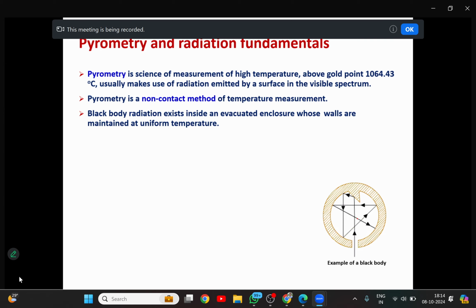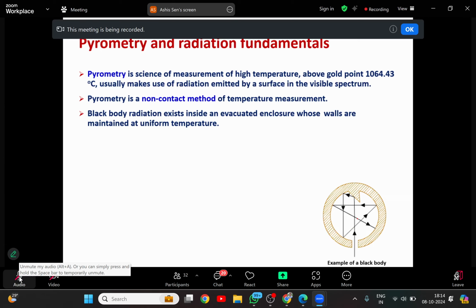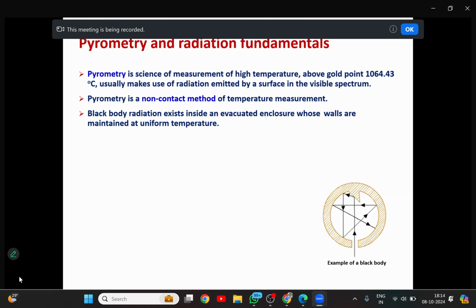If you compare a real body with a black body at the same temperature, the black body will emit the highest amount of radiation at that temperature. So as compared to real bodies, black bodies emit the maximum amount of radiation energy at a particular temperature. That is the definition of a black body.